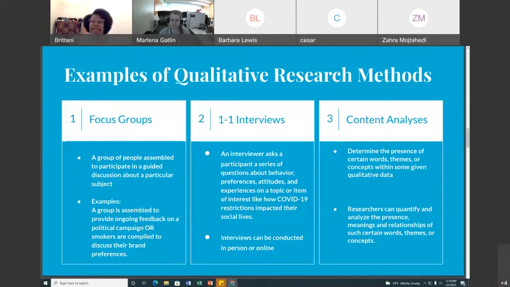And then thirdly, I wanted to point out content analyses to people because they were newer to me, as I did my first original research project with a colleague. You can use a content analysis to look at compiled collections of things.